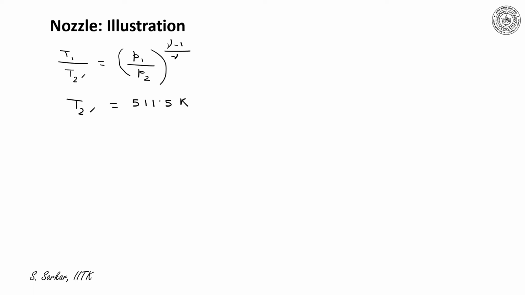And now, using the definition of efficiency, I can write 0.94 is equal to (698, the inlet temperature, minus T2, the actual temperature at exit) divided by (698, the inlet temperature, minus the isentropic temperature T2 dash).